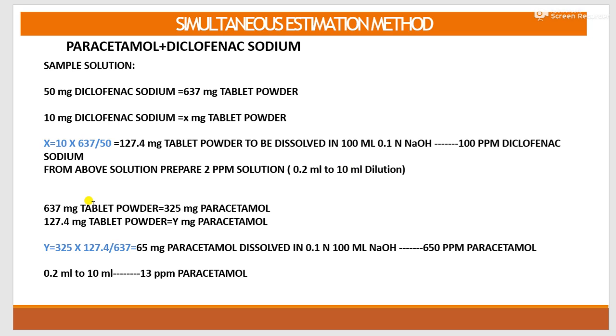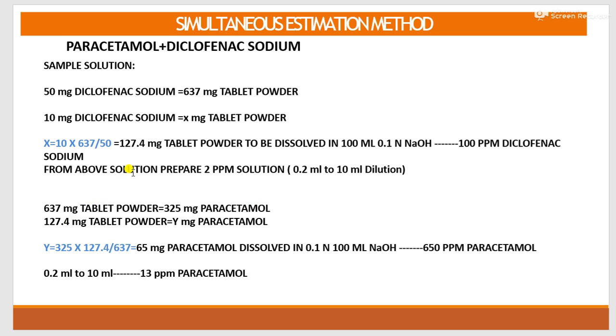And we know that our tablet contains not only diclofenac sodium but also paracetamol. So in this 10 ml solution, how much paracetamol is there, that we should know. For that, the calculation is: 637 milligram of tablet powder contains 325 milligram of paracetamol.